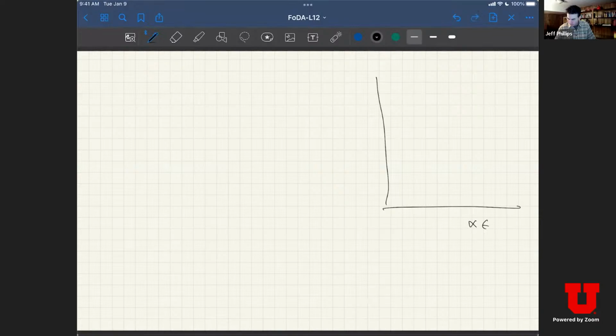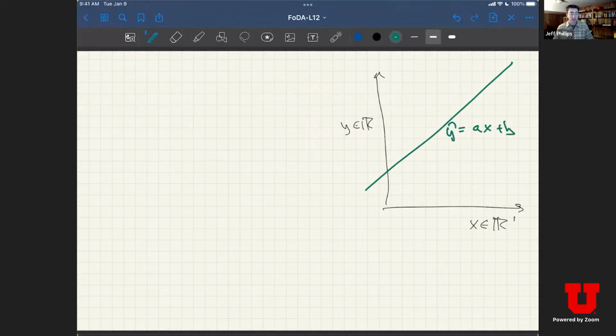Let's say x is in just the real numbers, R1, and y is in R. If I want to fit a line through here, y hat equals ax plus b, but now I don't put the 1 in front.